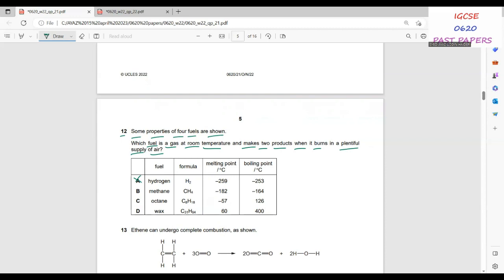Methane only exists in gas state at room temperature, by looking at the melting and boiling point. Octane is a liquid at room temperature and pressure, and wax is a solid at room temperature and pressure. So B will be the right answer for this question.